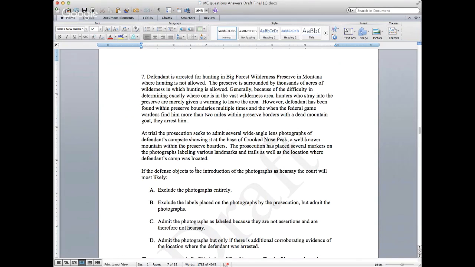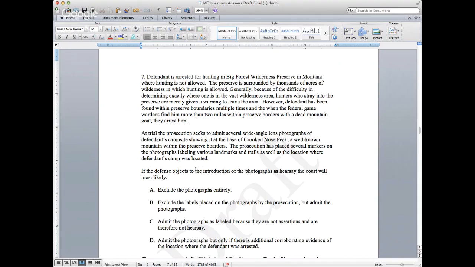Now, also, we have to understand if something is written on a photograph, like with a marker, those would be statements offered to communicate some facts, but the photos themselves are not. So even without reading the rest of the question, I would understand that the photos themselves wouldn't be hearsay, but if anything were written on the photos, it probably would be.